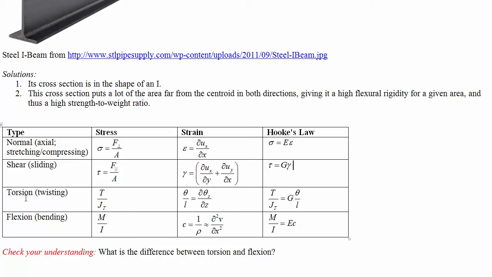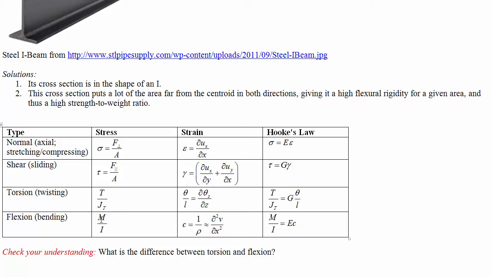Then we talked about torsion, where the torque divided by the torsion constant is kind of like the stress, and this gives us a strain, which is an angle of rotation per unit length. The relation between the two, again, is the shear modulus. And now we've talked about flexion or bending.